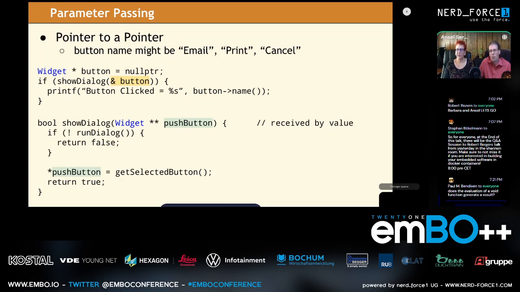So it is possible to pass a null pointer to show dialog now. It is also possible to pass a temporary, which may or may not be what you want depending upon your application. Because if you are receiving by value, then that value can be an R value or an L value.